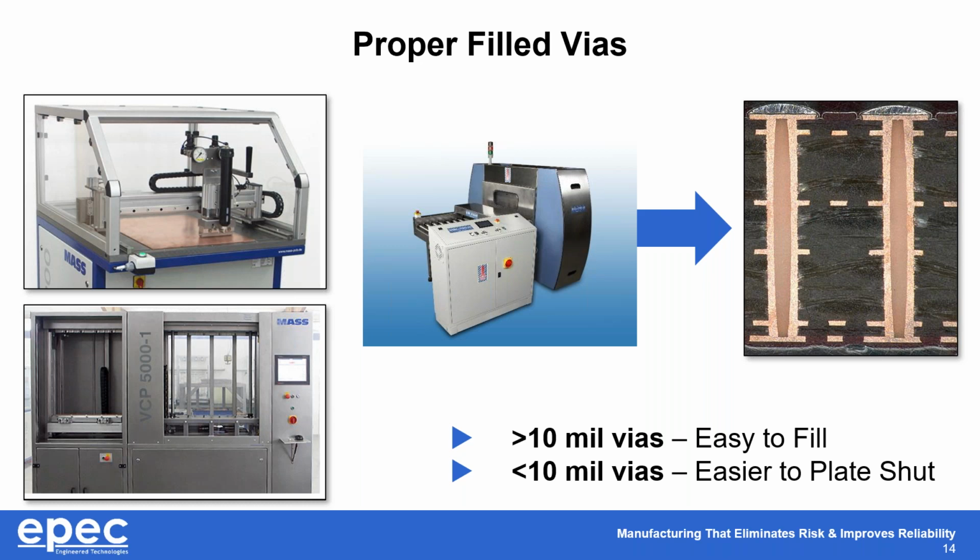So the smaller we make the hole that we're trying to push this thing through, the harder it becomes. Frankly, for us in our factories, both in the U.S. and in Asia, if it's 8 mils or less, we automatically just plate it shut. It takes a little bit longer in plating, but over time, it's a much more reliable connection and reliable filled vias. But this is why filled vias take so much additional time, even though many folks don't recognize why that is.